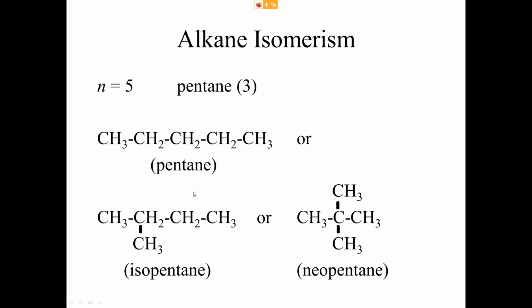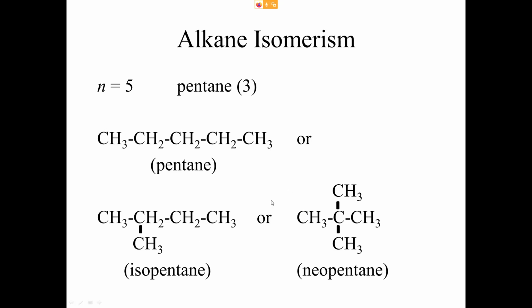So there are 3 different ways to put 5 carbons together. In every case, however, how many hydrogens will there be? There'll be 12. Yes, it's 2n plus 2 again, n being 5 here. So these are the only 3 ways I can put this series of 5 carbons together, and these are all isomers of each other.